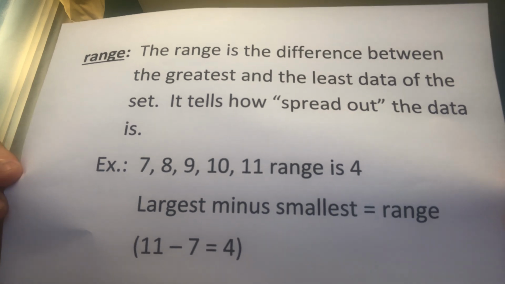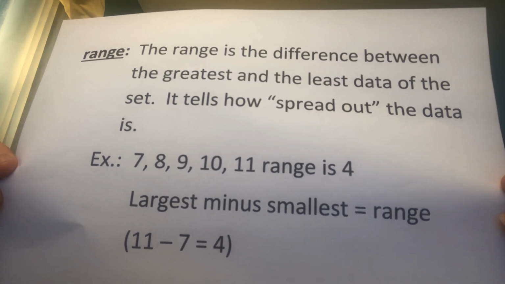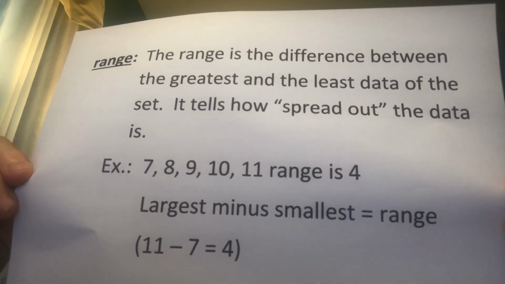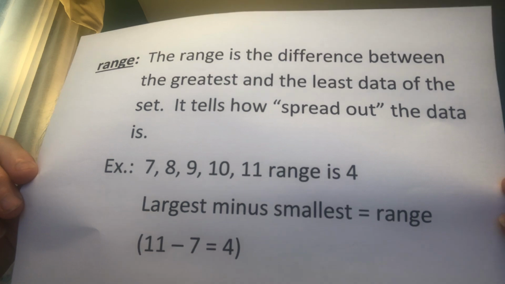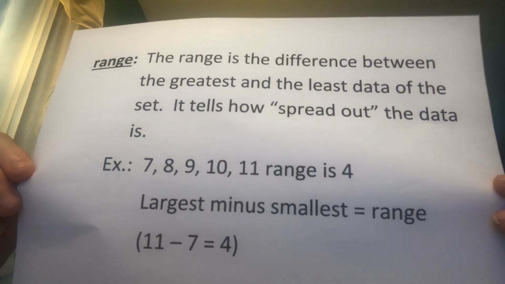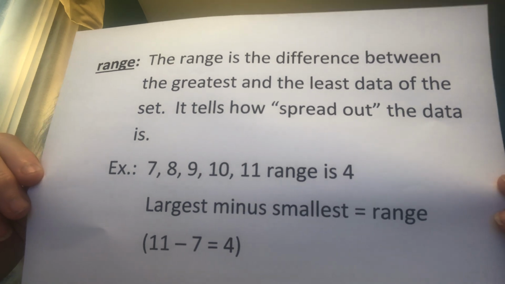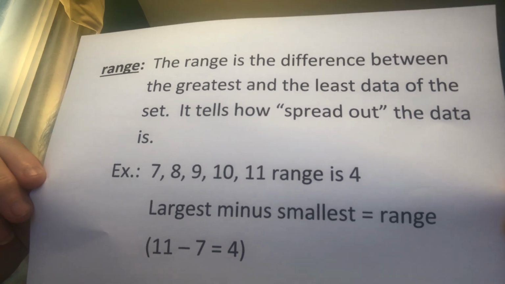Some kids said they were 7 years old, some said 8, some said 9 years old, some said 10, some said 11. What you don't have to pay attention to with range is how many times somebody said 7 or how many times they said 8.